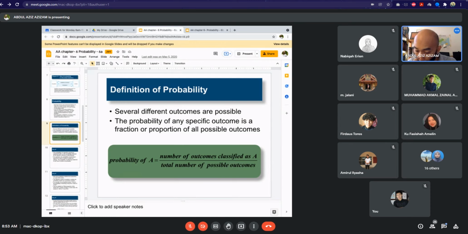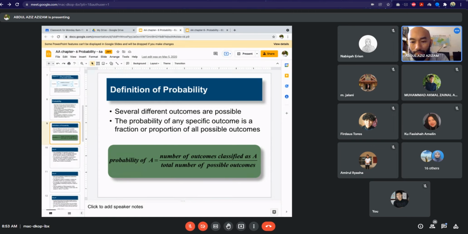Kalau you nak cari 2 spade di dalam kad ini, chance untuk you dapat 2 spade adalah 1.8% sahaja.